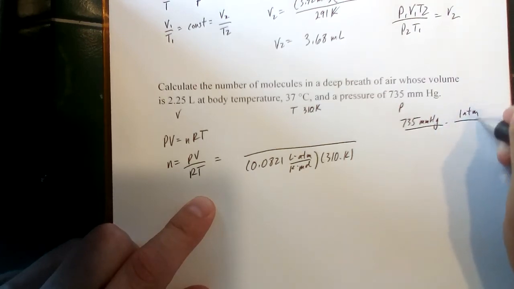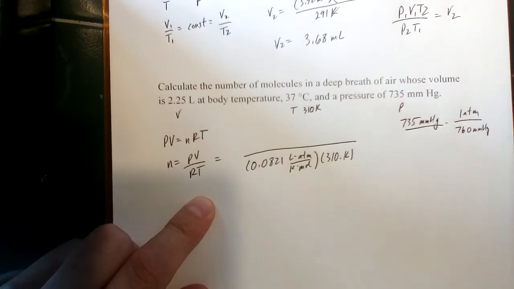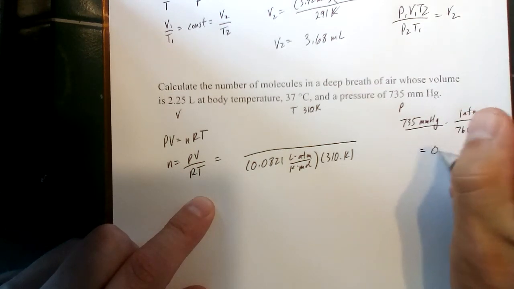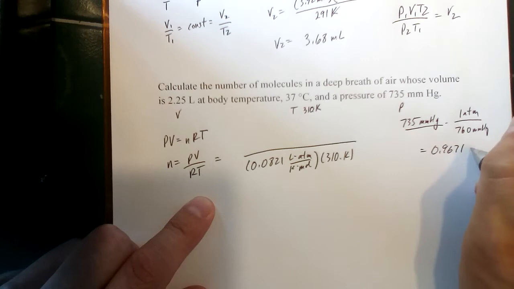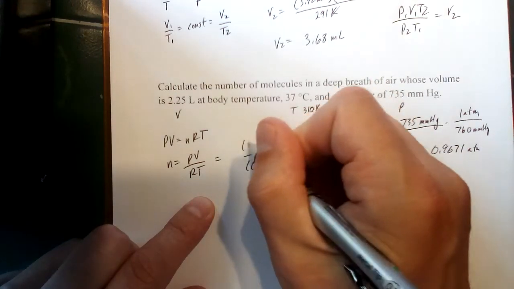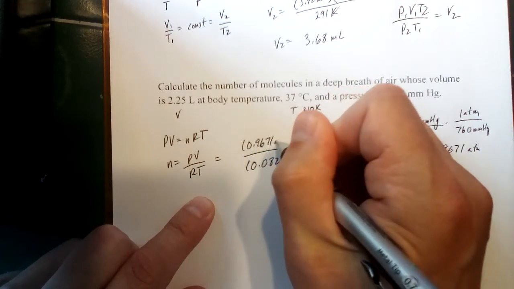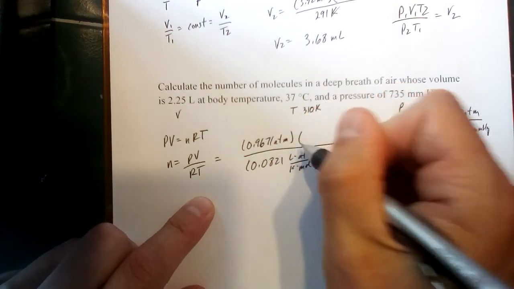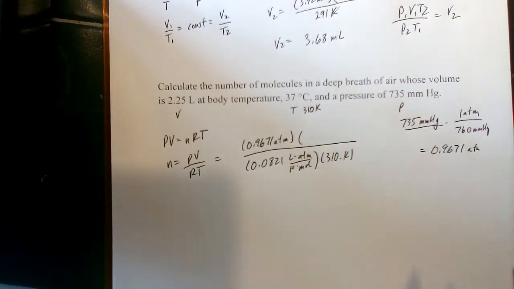1 atmosphere is 760 millimeters of mercury. So 735 divided by 760. That is 0.9671 atmospheres. And I'm keeping just an extra figure there just to make sure I don't round too much, right?